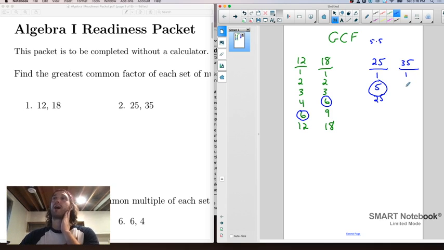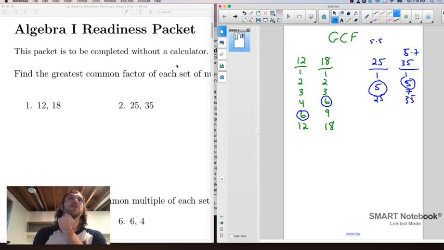It's not divisible by 4. It is divisible by 5. Remember, 5 times 7 is 35. That's its prime factorization. So we're going to have a 7 in there, and combining these two, there's our GCF. Okay, GCF of 12 and 18 is 6, 25 and 35 is 5.